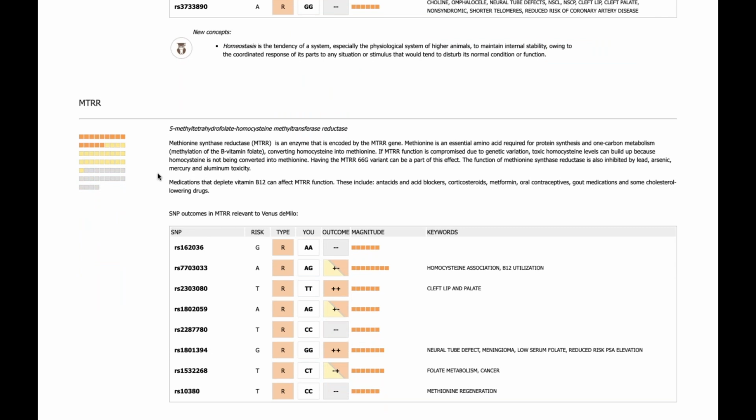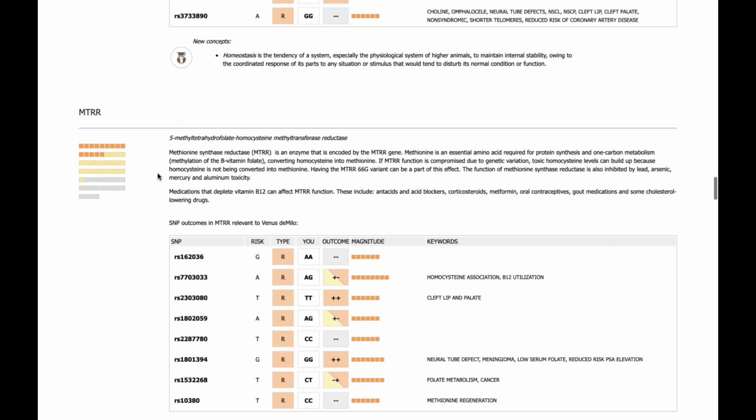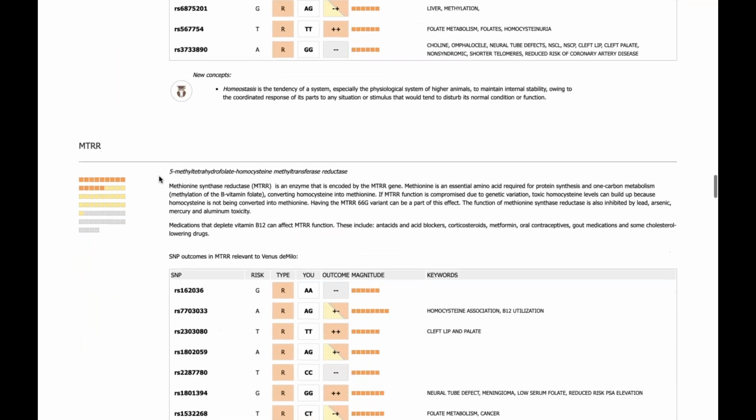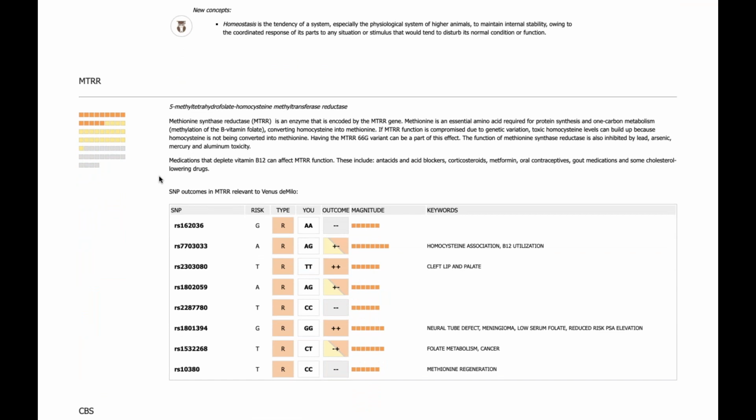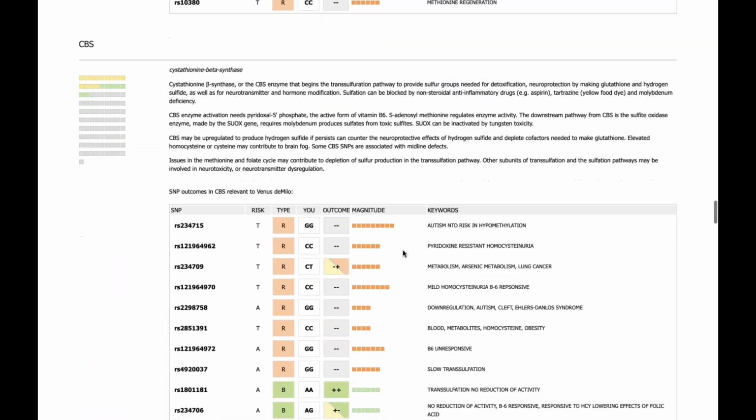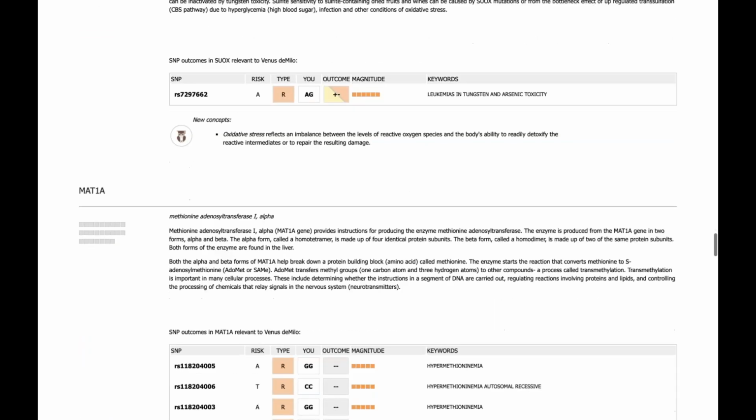So when we look at just MTHFR, we might see normal function, but if there's an issue with MTRR, which is the recycling of B12 and methylfolate, you can get a better understanding: I'm not seeing a lot of issues up here in MTHFR, but maybe down here in MTRR is where the issues are coming along. Again, it allows you to put things more into context. And just like MTHFR, we see each SNP, the risk, the type, the patient's outcome, and what the magnitude might be.